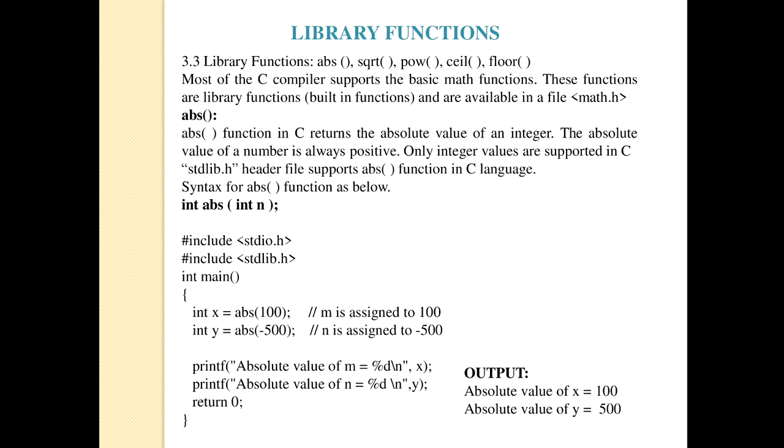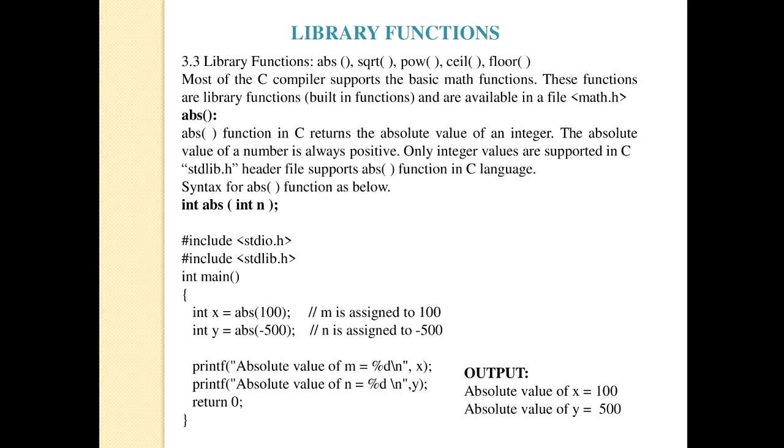After assigning the values 100 to x and minus 500 to y, I print the values of x and y. After execution of this code, you will get the output as the absolute value of x equal to 100. Why? Because 100 is positive, and always remember that the abs function always returns a positive value, so it returns as it is.